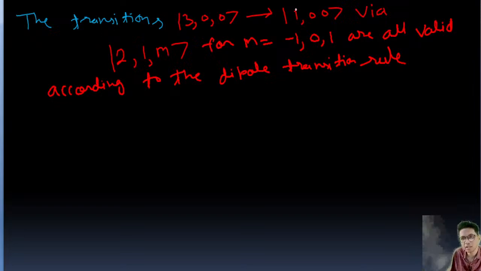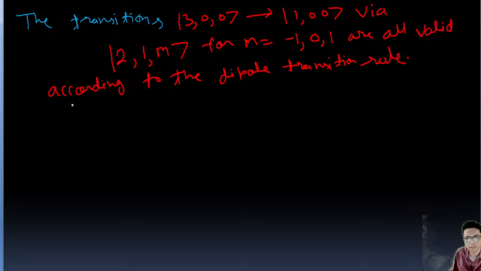So this transition via 2,1,m for m equal to minus 1, 0 and 1 are all valid, okay, according to the dipole transition rule.